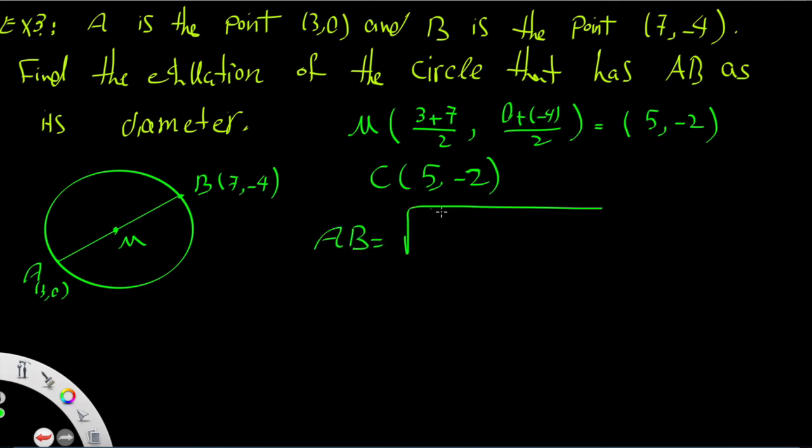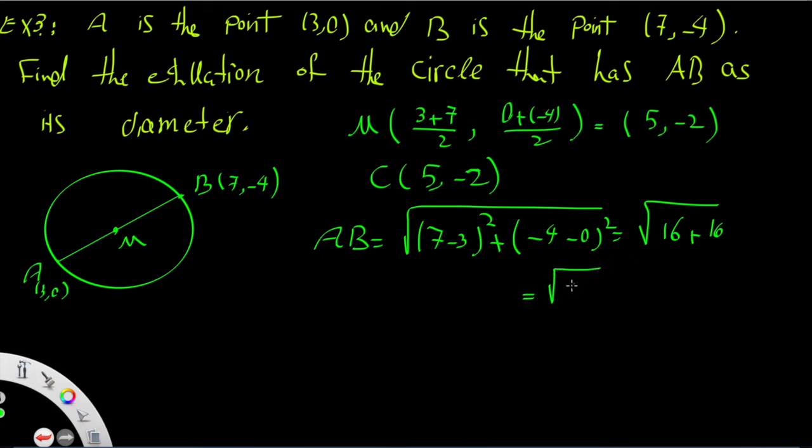I find the distance of AB, applying the distance formula: 7 minus 3 squared plus negative 4 minus 0 squared is equal to 16 plus 16, which is equal to radical 32, which is actually radical 16 times 2 or 4 radical 2.